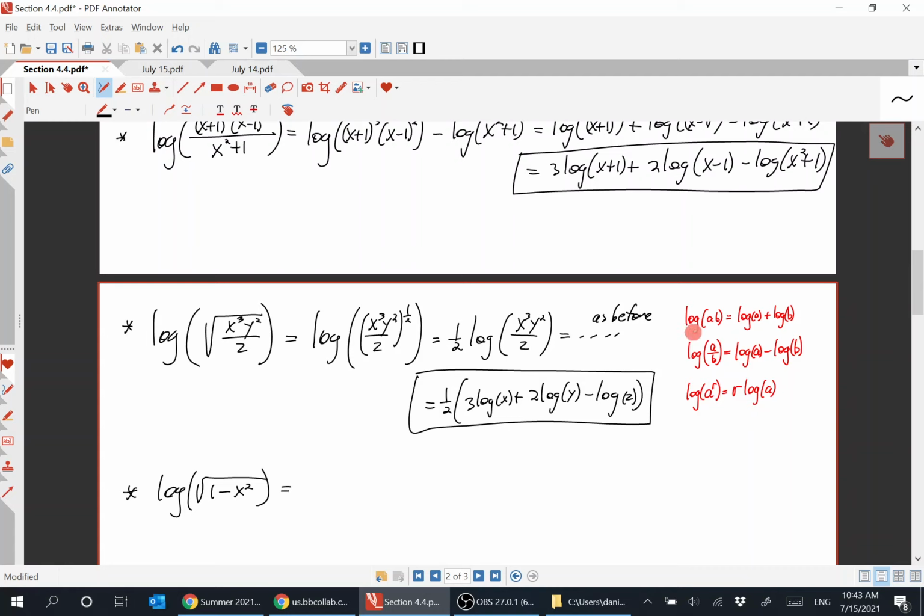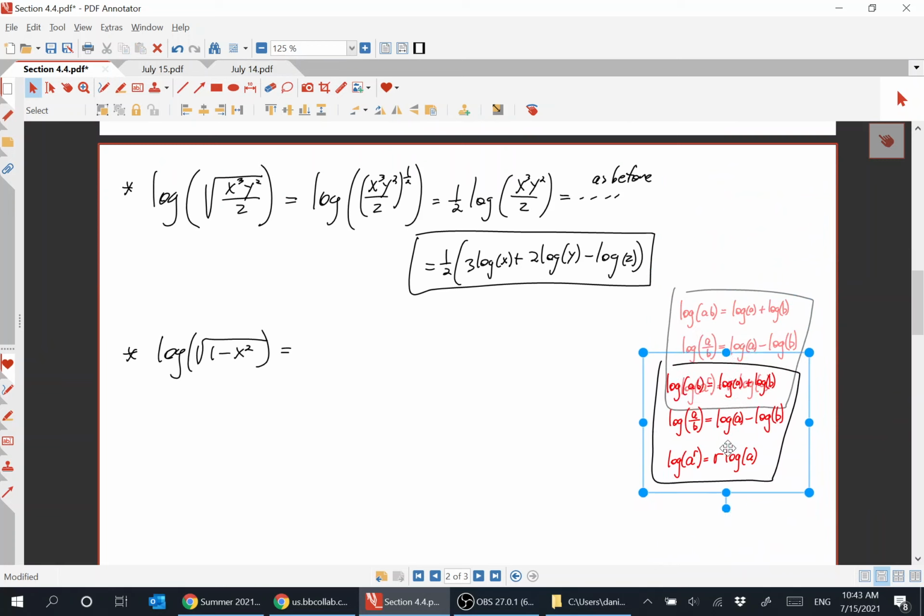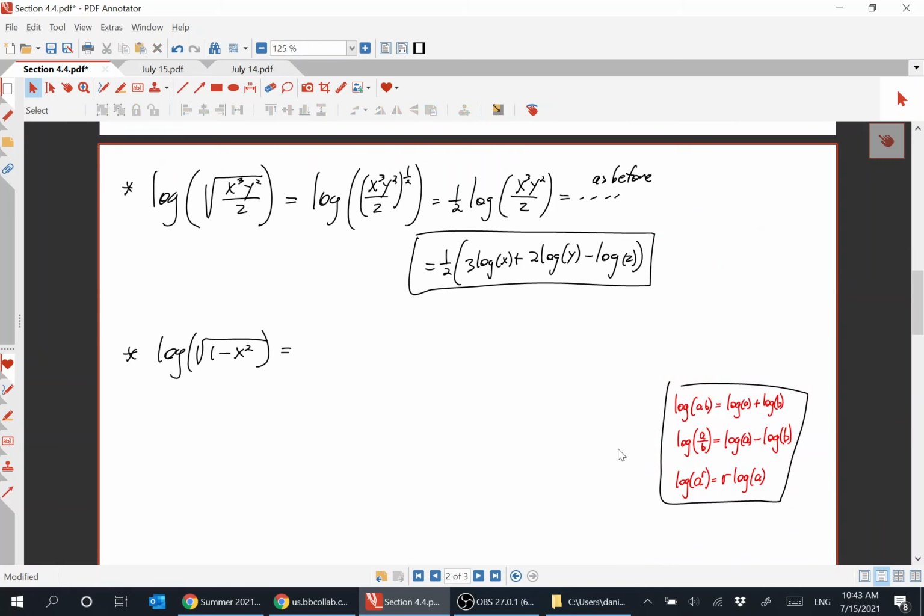That you can do using these properties here. Right, so, well, again, the square root is a 1/2 exponent. So it's 1 minus x squared to the 1/2. Right, so that 1/2 comes out front.